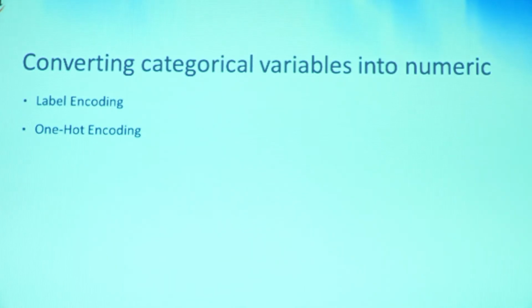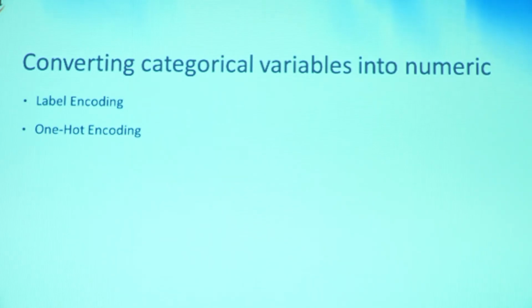Or you can go for binary-style encoding, like 001, 010, but not 011. No double ones can come; more than one cannot come. So with 3 categories, 001, 010, 100. Only a single 1 can appear. That is called one-hot encoding.